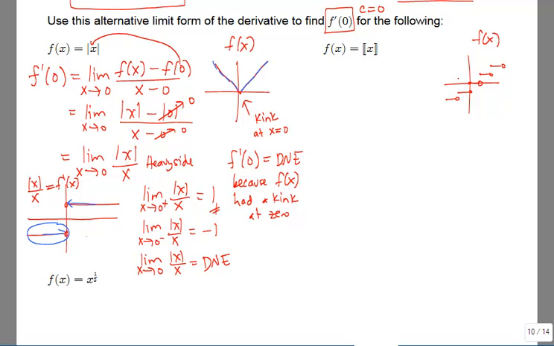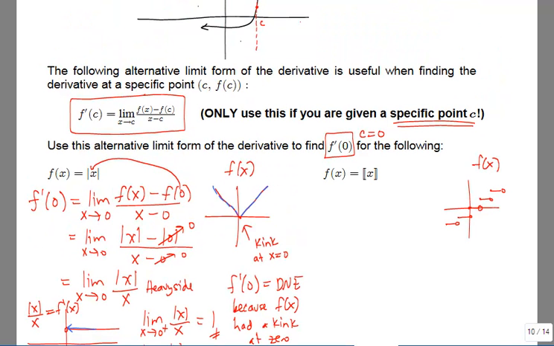So right at 0, it's going through the origin. Now let's see what that implies about the derivative at 0. To find this derivative, I'm going to go back to my new alternative limit definition of the derivative, which is good for finding the derivative at a specific point.